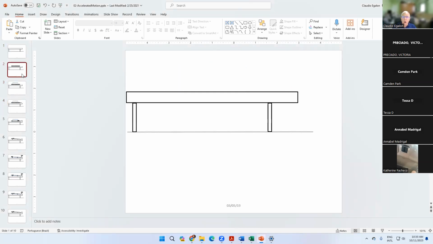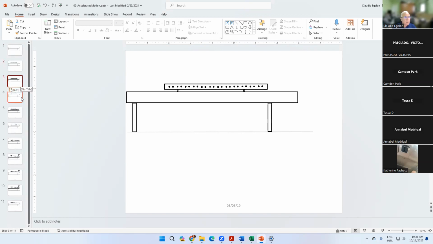Let me illustrate a nozzle here. I'm going to illustrate the nozzle like a short hose. Here you go. That's the nozzle.